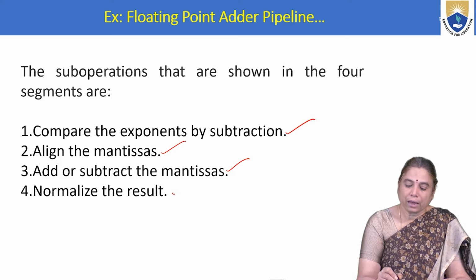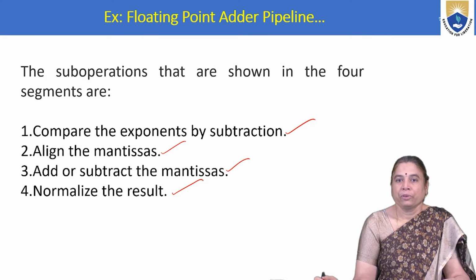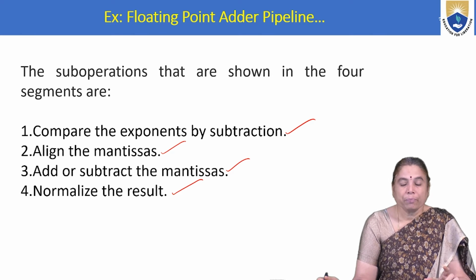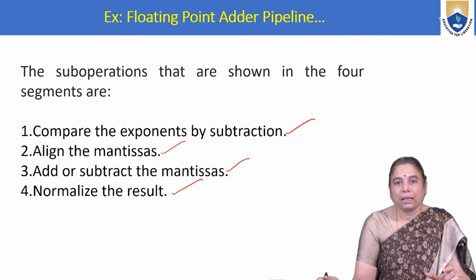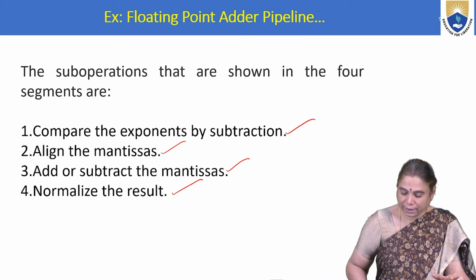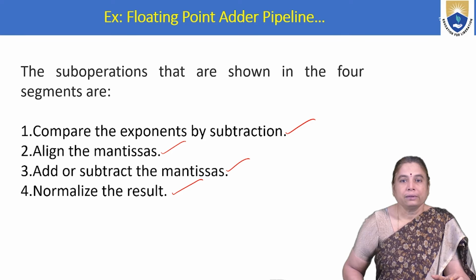Fourth step, normalize the result. So the computational task of floating point addition and subtraction can be divided into 4 sub-operations: comparing the exponents by subtraction, aligning the mantissas, adding or subtracting the mantissas, and normalizing the result. These 4 sub-operations are carried out in dedicated segments.